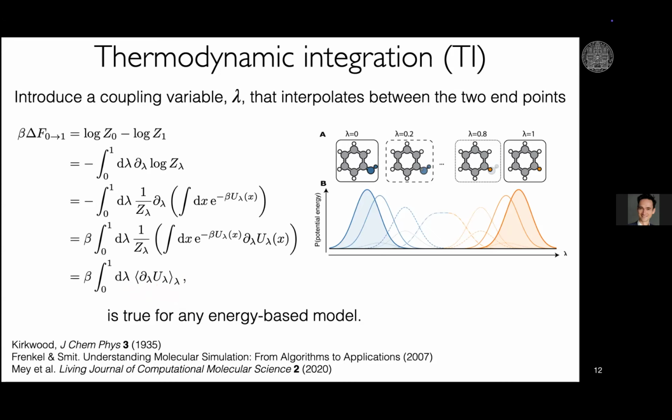So I'm walking along my coupling variable, and at any point I have an energy function which describes an interpolating Hamiltonian between the two, and I need to sample this and calculate this derivative of the energy with respect to lambda. Okay, this is also called alchemical transformations for molecules.